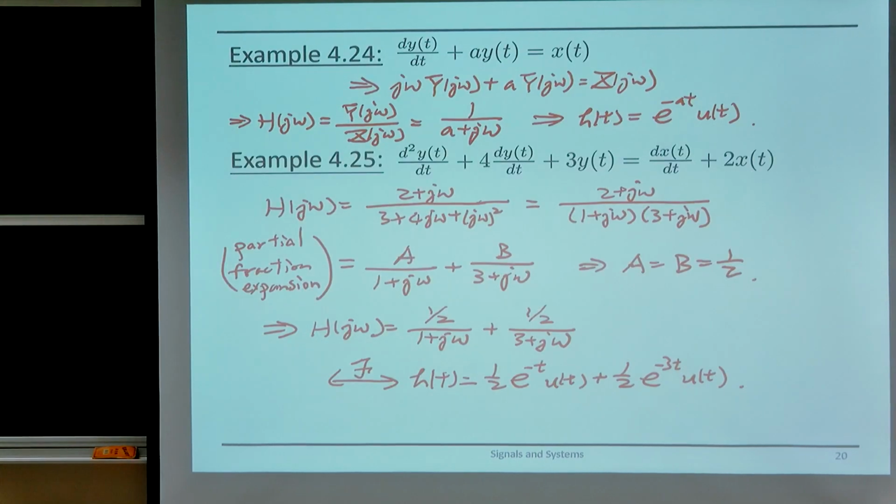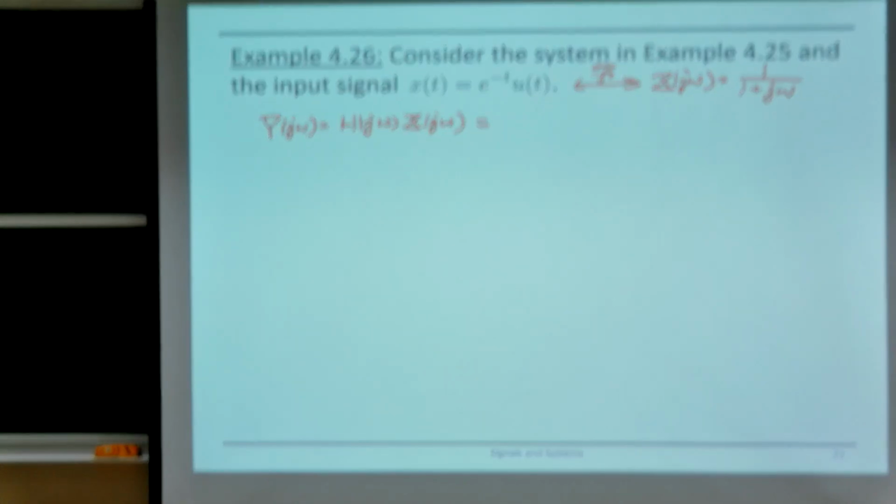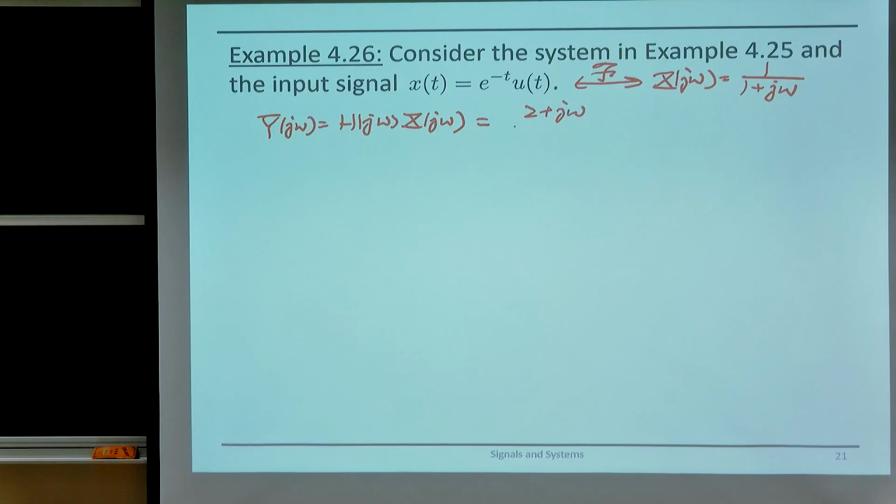Now, suppose we start out from this part here. We can take this and the product with 1 over 1 plus j omega. So this gives you (2 plus j omega) over (1 plus j omega)(3 plus j omega) times 1 over (1 plus j omega).